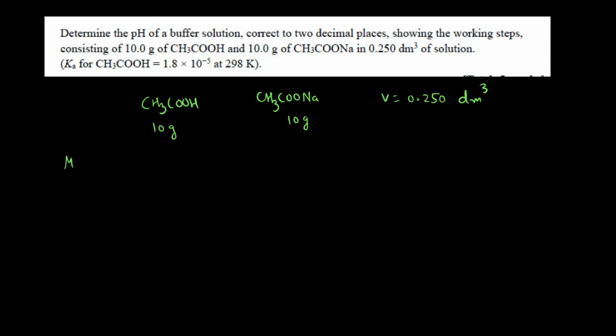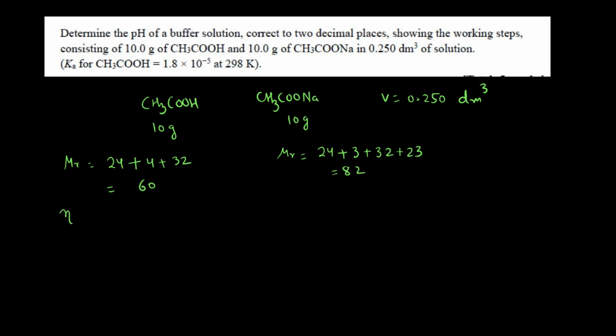So in order to calculate the concentration of acetic acid, we need the molar mass. We have 2 carbon atoms, so 2 times 12 is 24, plus 4 hydrogen, plus 2 oxygen, 2 times 16 is 32. So this comes out to be 60. Similarly, the molar mass of sodium acetate will be 2 carbon, 24, plus 3 hydrogen, and 2 oxygen, 32, and 23, which comes out to be 82.